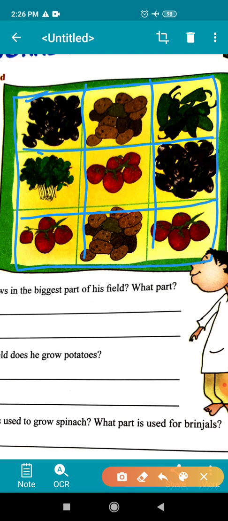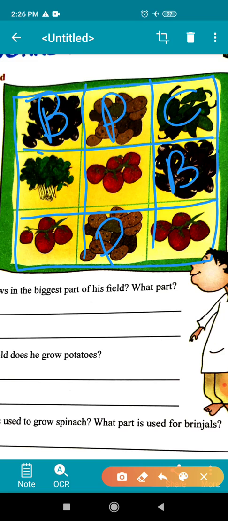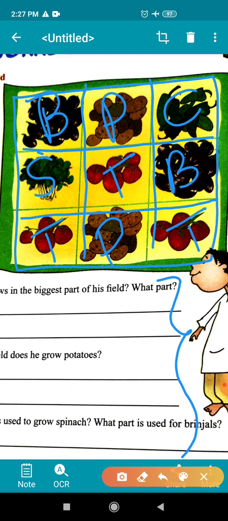As you see here, in 2 parts he has grown brinjal, in 2 parts potatoes, in 1 part capsicum, in 1 part spinach, and 3 parts of the field are used to grow tomatoes. On the basis of this, you have to give answers to the questions written below. So let us start.